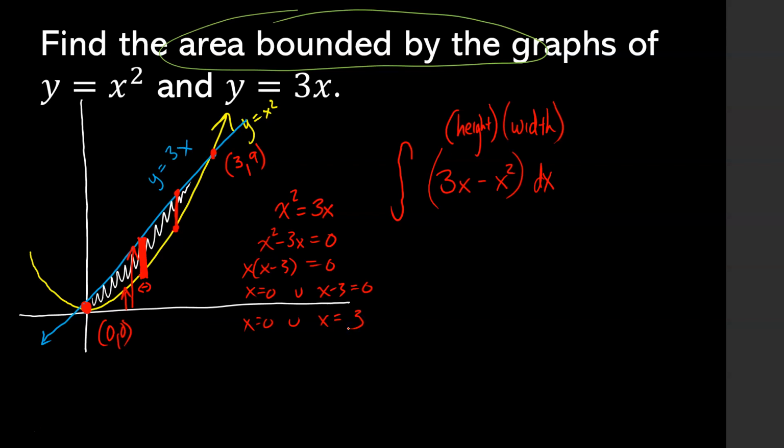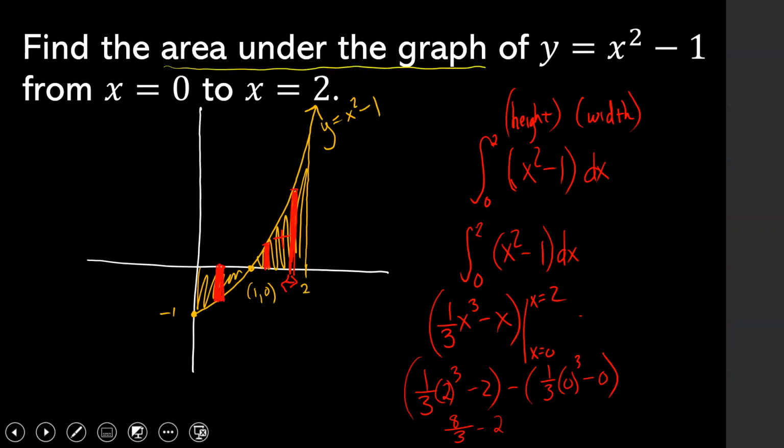And you'd find your two intersection points. So we're going to integrate from x equals 0 to x equals 3. All right, let's get rid of all this. And I'll go ahead and finish integrating. Because we do want the area, that area better be positive if we've done everything correctly.